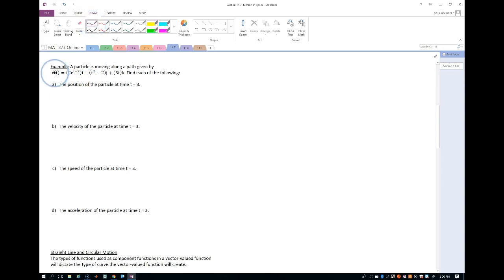So R of t is position. So to find position at time 3, all we have to calculate is R of 3. So we're going to plug 3 in for all of the t's.